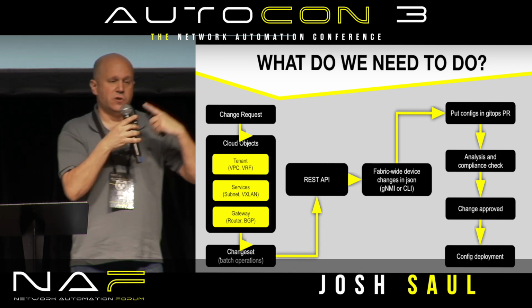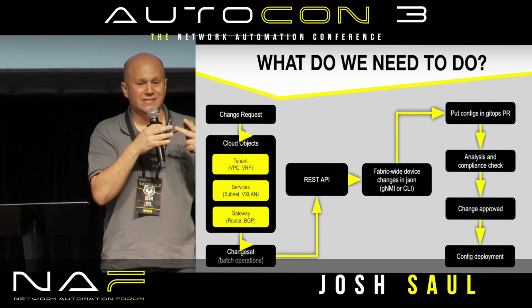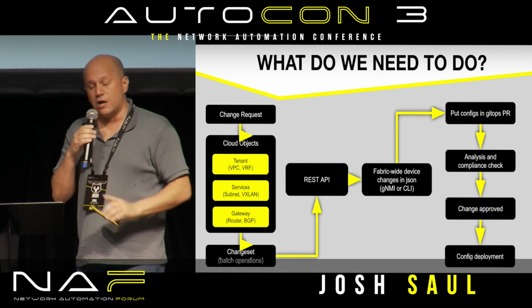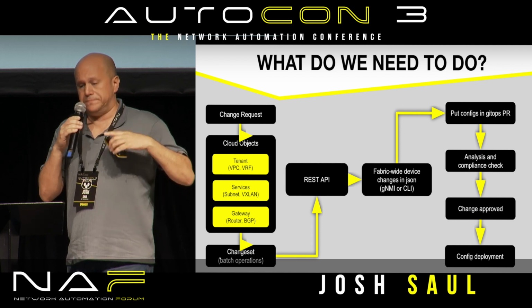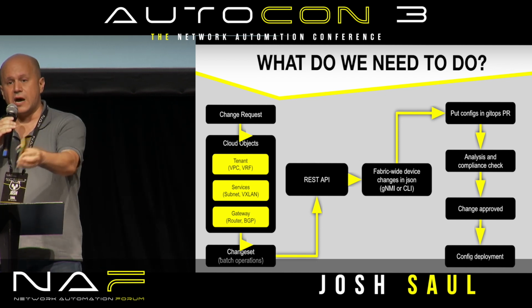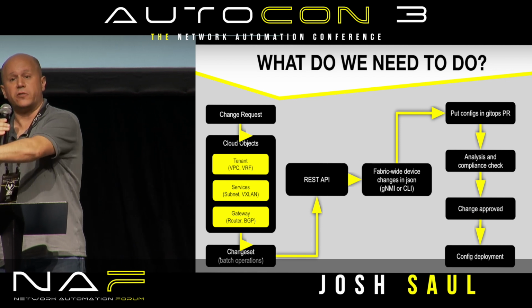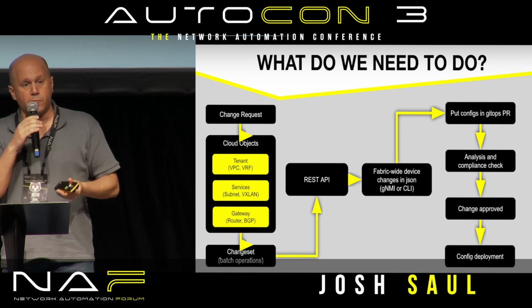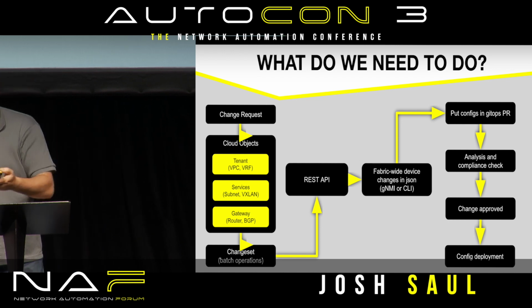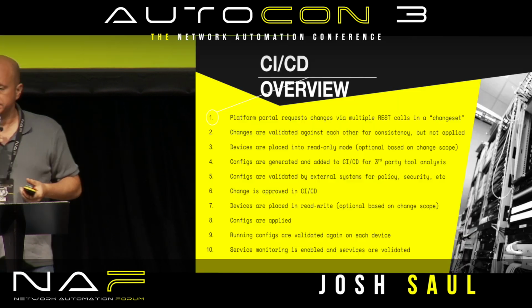There's SecOps, there's compliance, there's just sanity checks on configs to make sure that you're not putting the wrong stuff onto devices. So using that REST API, you get the configs, you put them into GitOps, and then there's another process for approval. And finally, when the approval comes in, you can just push those configurations onto the devices.